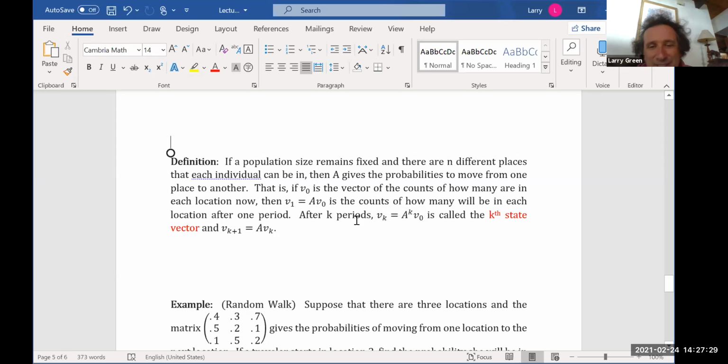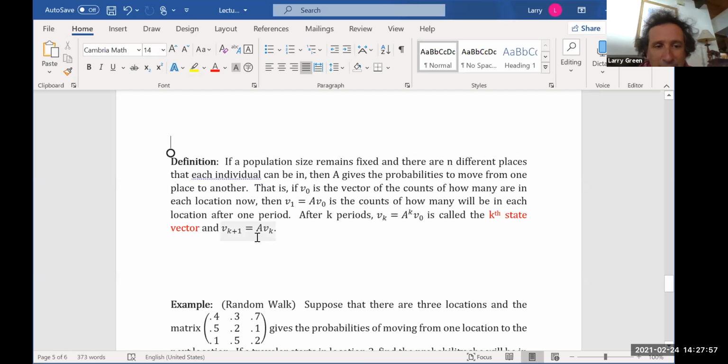So it's easier to just call it this way because you don't have to be a graduate student or someone with that knowledge. So after k periods, Vk equals A to the k V naught is called the kth state vector, and that'll be the distribution of how many people are in each state after k years in my example.